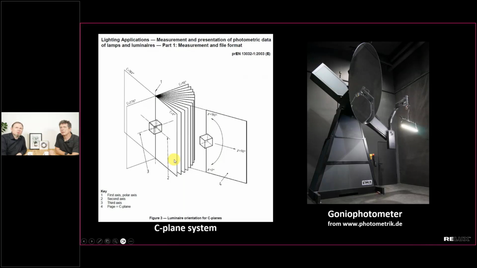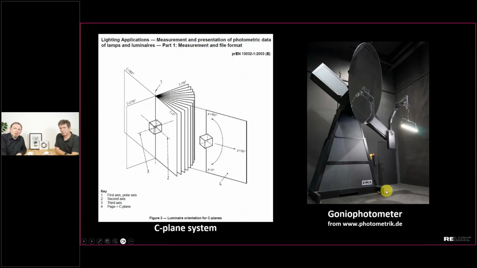It's possible to convert, but in general, the C-plane system is the one which we are using the most by far. B-plane is something exotic, and A-plane, I have to say, I've never really seen an A-plane system. And the data formats can sometimes also work with different systems.